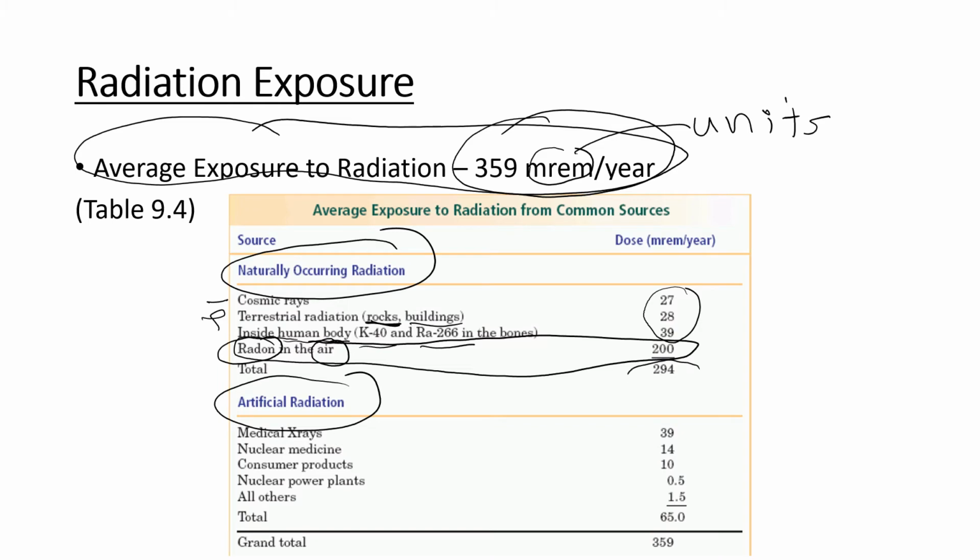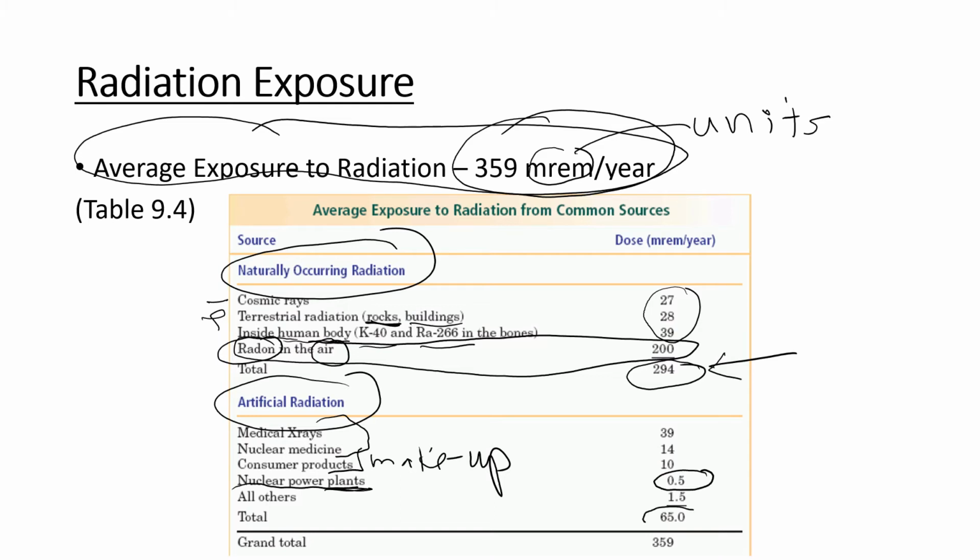So we have about 294 millirems coming from naturally occurring sources versus artificial, whether we're looking at x-rays, nuclear medicine. Again, this is going to vary from person to person. Consumer products like makeup, there's certain cosmetics that have radioactive isotopes in them. Nuclear power plants, notice the quantity here is very small because again, our nuclear power plant has those concrete containment walls around it to protect us from the radiation inside.